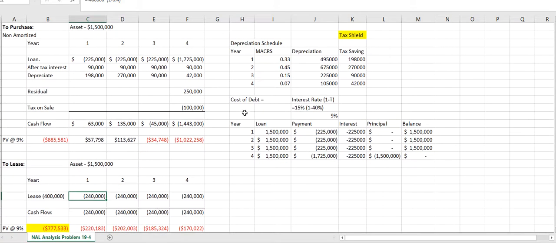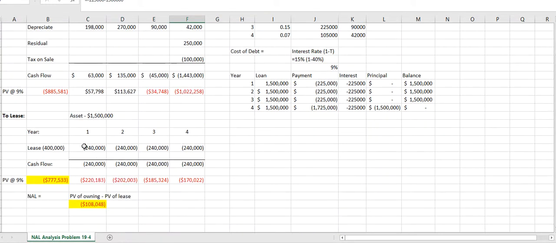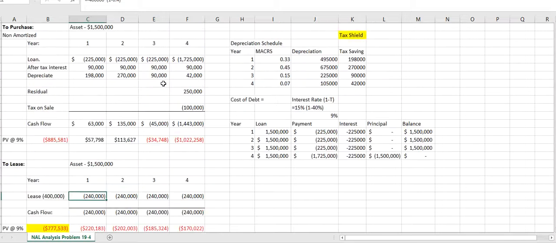All right. The tax shield is your interest and depreciation. The loan is an unamortized loan with interest only, with the principal due at the end of the life of the loan. The lease is just strictly lease payments after taxes. You get a tax deduction on lease payments because it's an operating expense. When you take all into account, you do a discounted cash flow analysis.